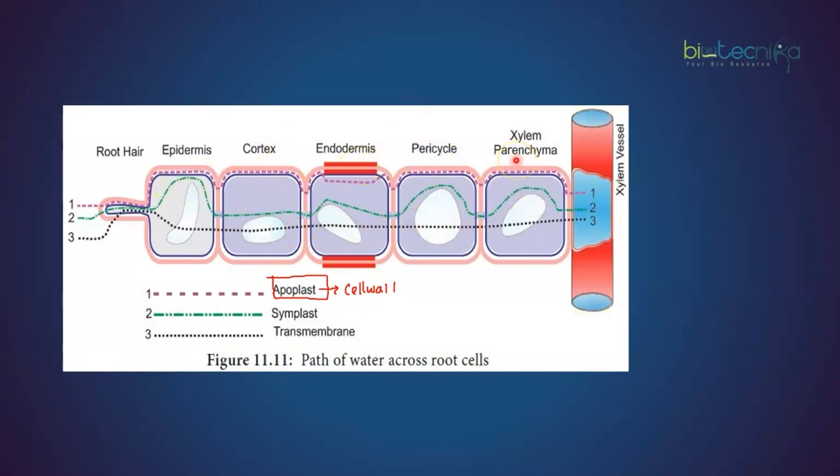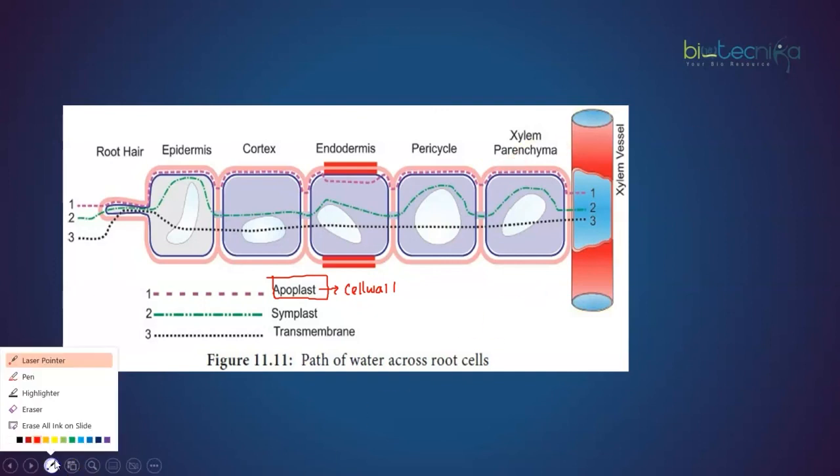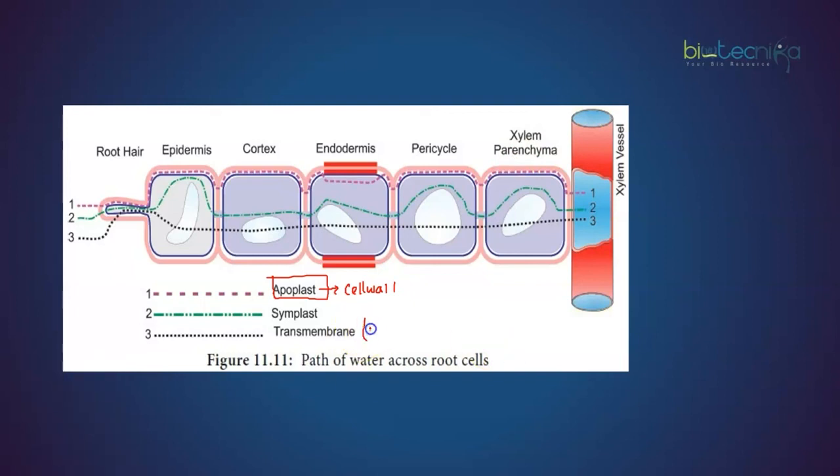So you have to remember apoplast is through cell wall, symplast is through cytoplasm and plasmodesmata, transmembrane is through vacuoles. So now let's go for the options.